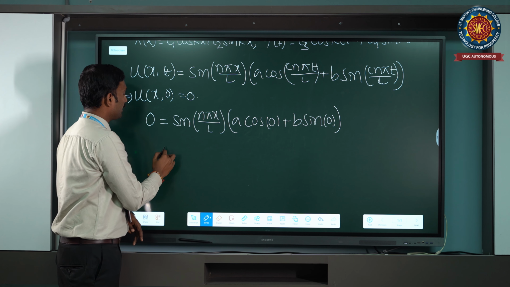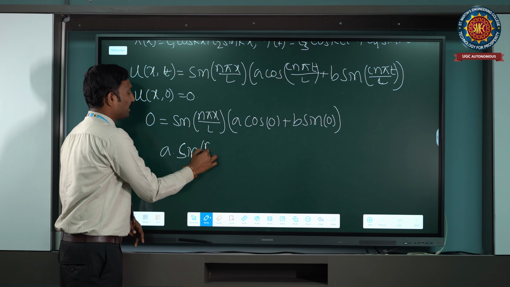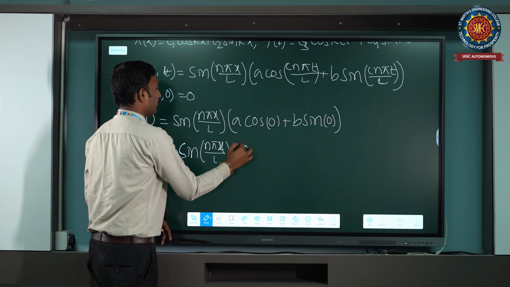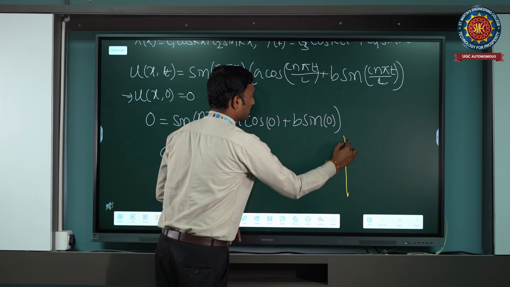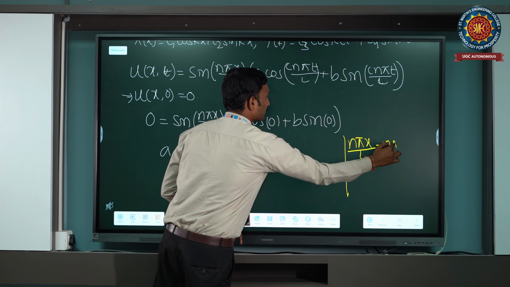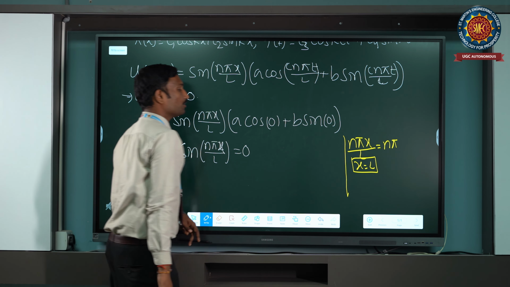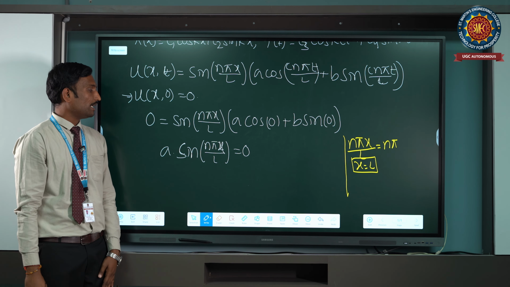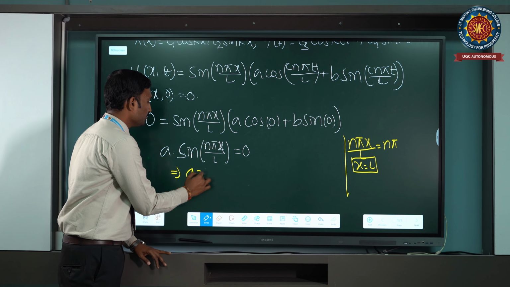So we get A sin(nπx/L) = 0. Whenever sin(nπx/L) = 0, we would have nπx/L = nπ, then x = L. That is well known to us, the length of the string is L. So here we cannot write sin(nπx/L) = 0. Here we have to consider that A = 0.